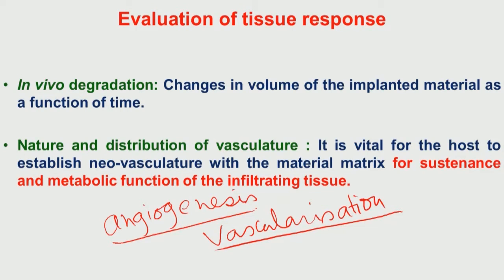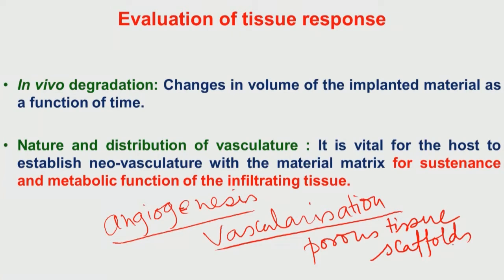They appear to be synonymous, and both concepts are particularly relevant for porous tissue scaffolds. Essentially, they are quantified by new blood vessels that are formed into the porosity of these 3-dimensional interconnected porous scaffolds.